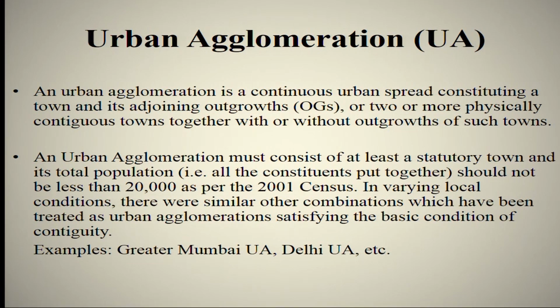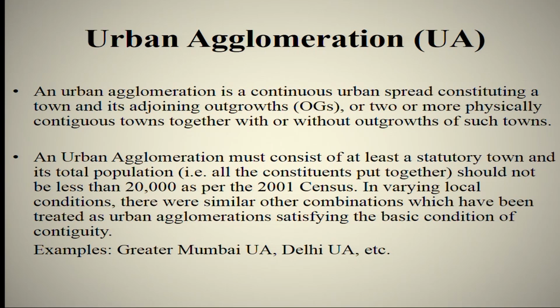An urban agglomeration must consist of at least a statutory town and its total population, that is, all the constituents put together, should not be less than 20,000 as per the 2001 census. In varying local conditions, there were similar other combinations which have been treated as urban agglomerations satisfying the basic condition of contiguity. Examples are Greater Mumbai and Delhi.